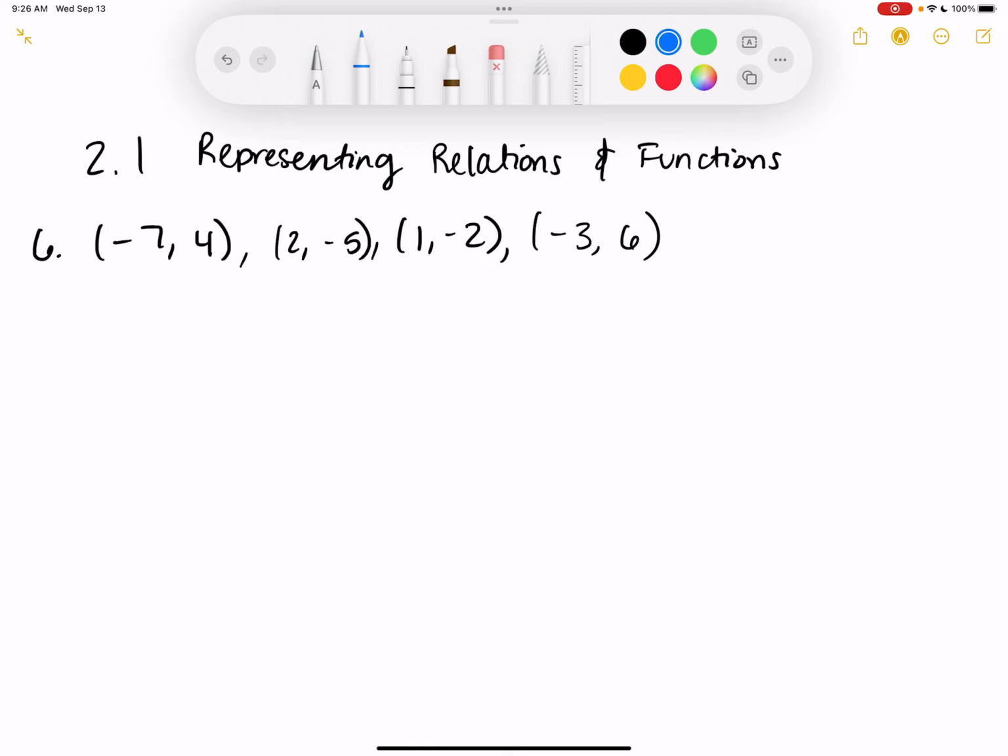So, domain are what values? X values. And so we want to write them in number order. Or, well, they don't have to be written in number order. Totally up to you. I'm going to write them in number order because I can. -7, -3, 1, and 2.